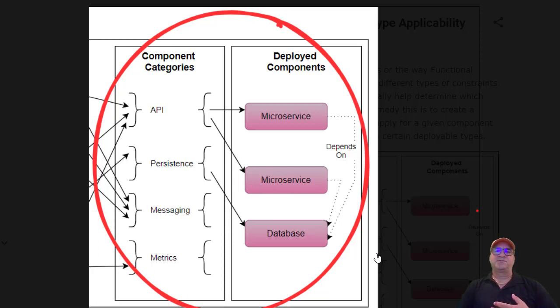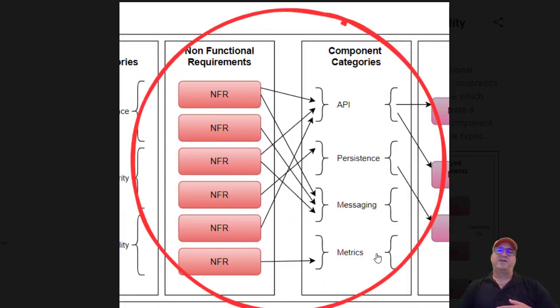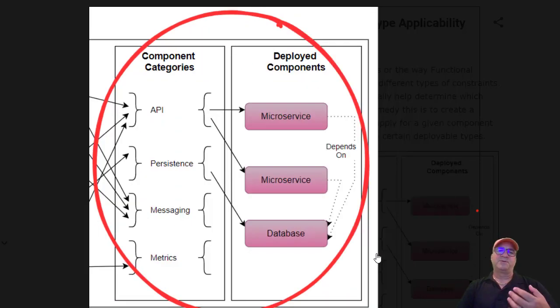And anything that applies to a database would be persistence, and messaging has a little bit of API and a little bit of persistence in it. So we would have made sure that the right functional requirements and NFRs went to messaging, and then when we built the messaging system, we would get the right mix of NFRs, at least as a first pass in the requirements. So that's the idea.